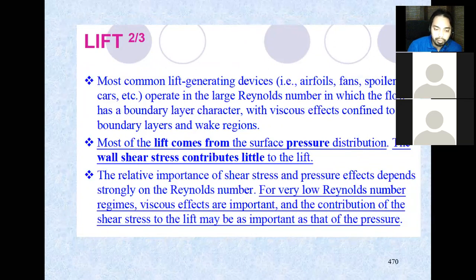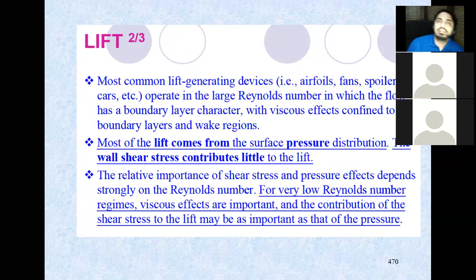The relative importance of shear stress and pressure effects depends strongly on the Reynolds number. For very low Reynolds numbers, viscous effects are important, and the contribution of the shear stress to the lift may be as important as that of the pressure.